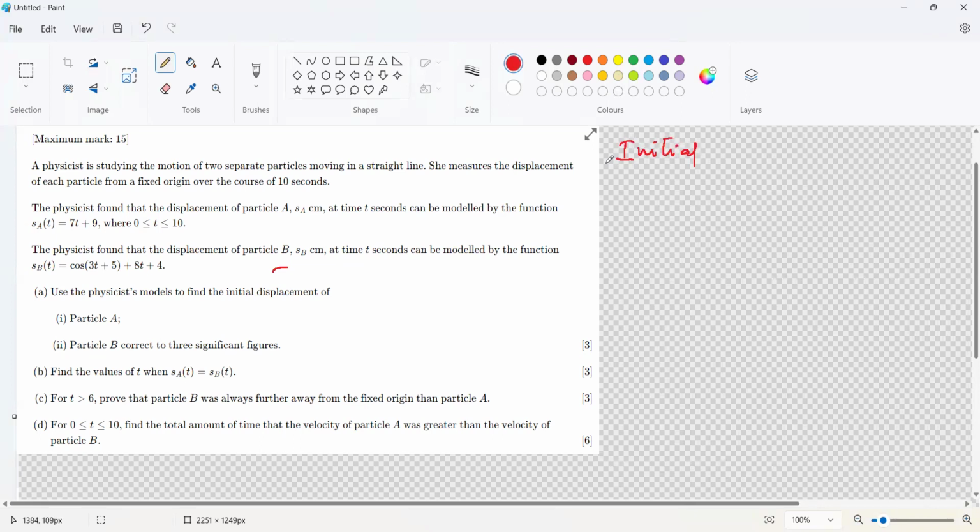Initial displacement of a particle can be obtained by t is equal to 0.